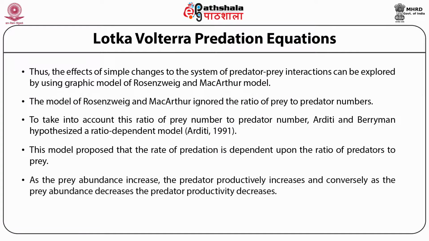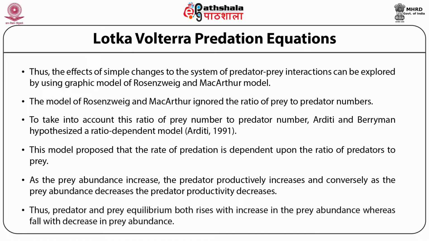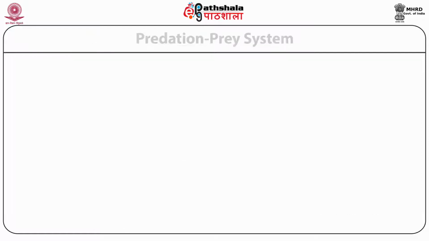As the prey abundance increases, the predator productivity increases, and conversely, as the prey abundance decreases, the predator productivity decreases. Thus, predator and prey equilibrium both rise with increases in prey abundance whereas fall with decreases in prey abundance.